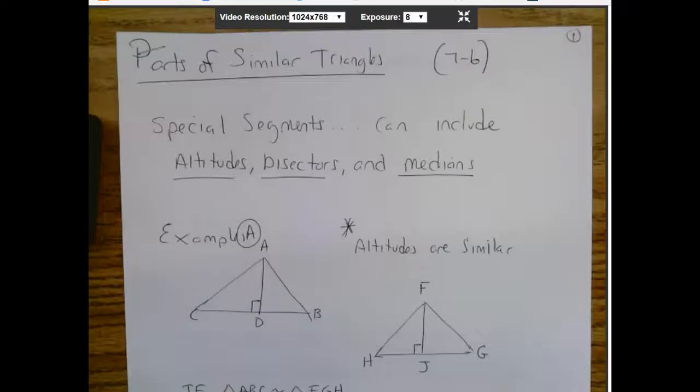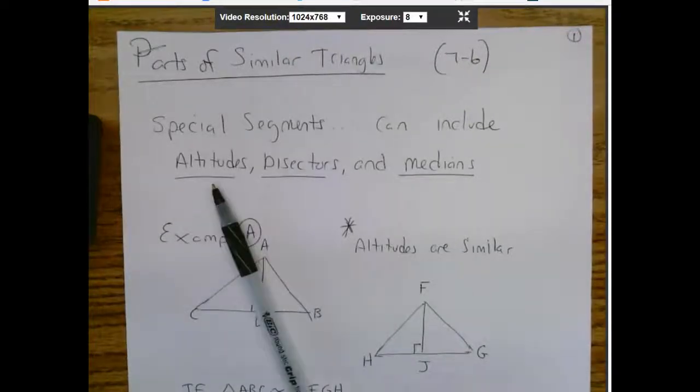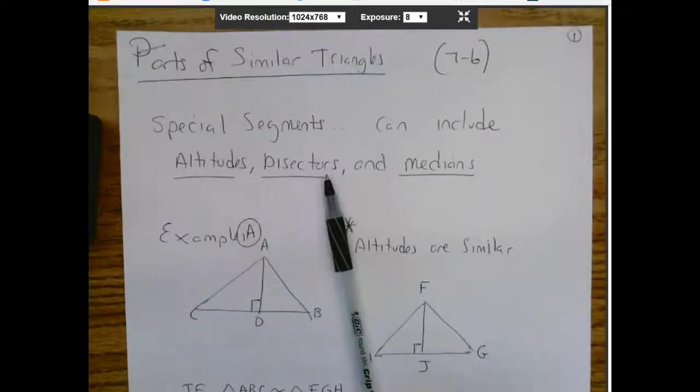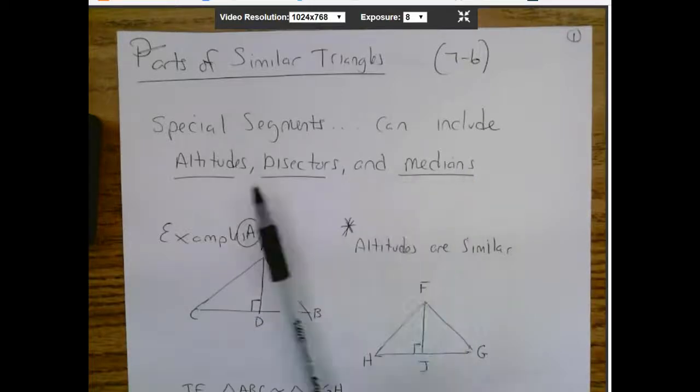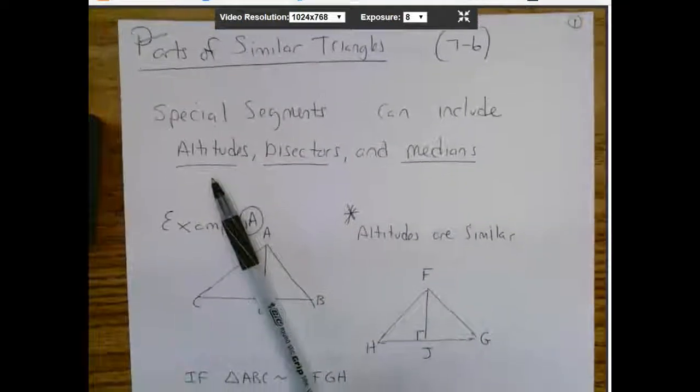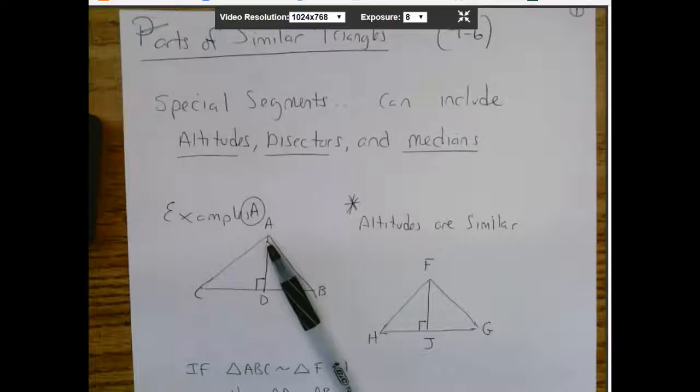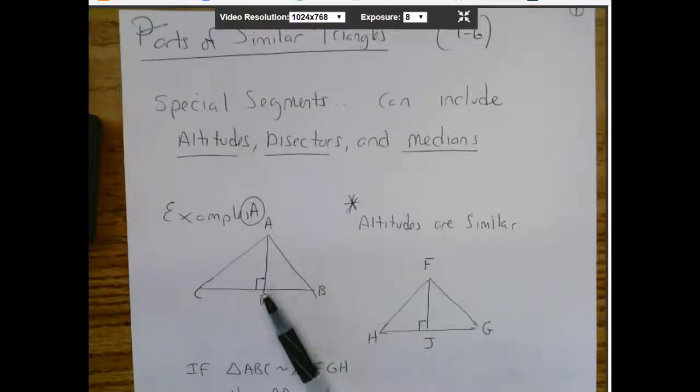Okay. Now these special segments that we can have here can include something called an altitude, a bisector, and a median. If you remember, an altitude, and we'll see one right here, is a line that goes from one vertex to an opposite side, and it forms a right angle with that side.